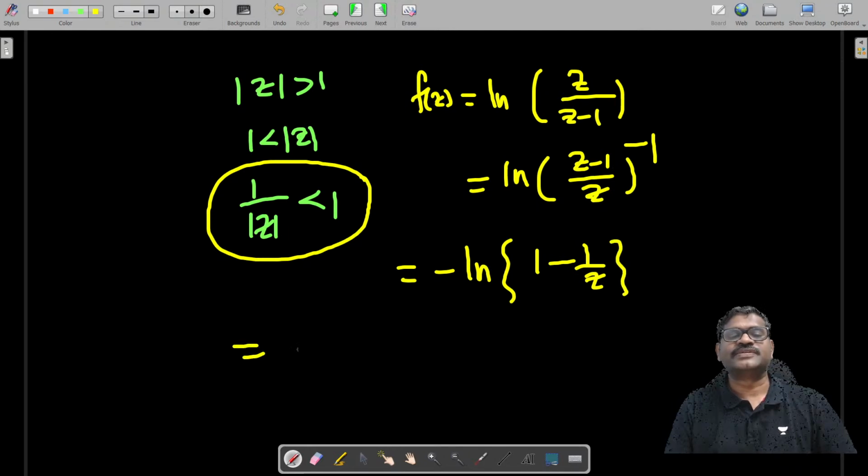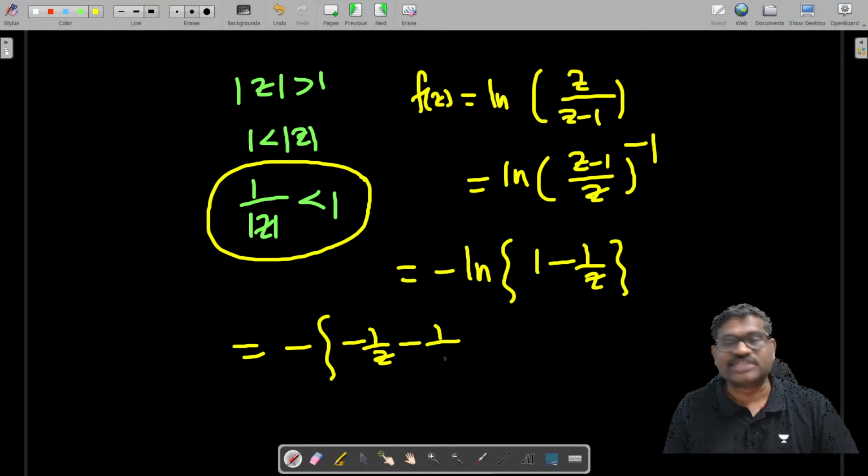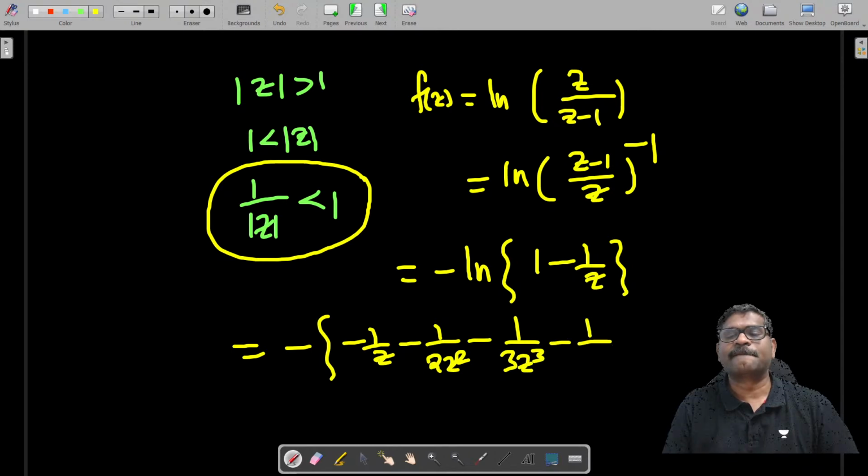Log of 1 minus 1 by z is minus 1 by z minus 1 by z square by 2 minus 1 by z cube by 3 minus 1 by z power 4 by 4 and so on.